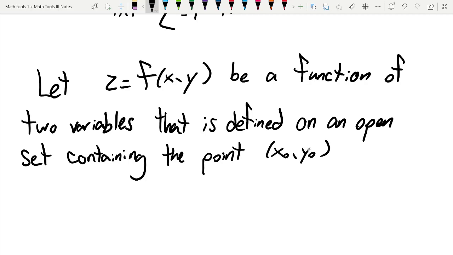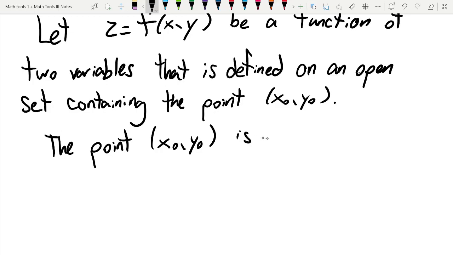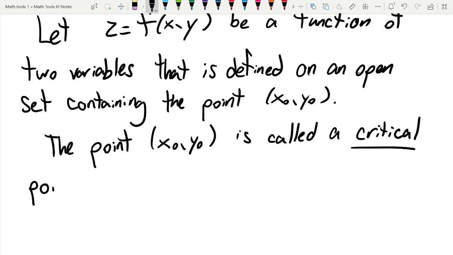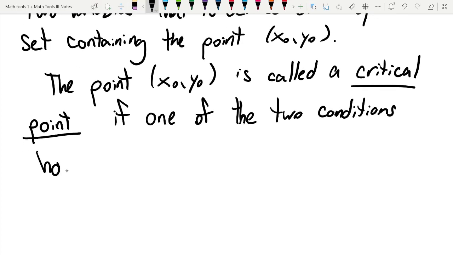Okay, so this is a particular point here. So the point x sub 0, y sub 0 is called a critical point if one of the two conditions hold.